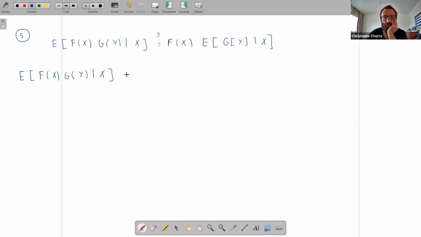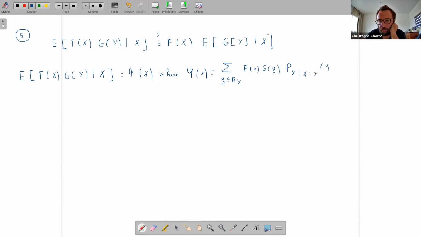This is by definition a function of x, where psi of x is given in this situation, by a sum over possible values for y of f(x) j(y) multiplied by the probability mass function of y given capital X equal to small x at the point y.